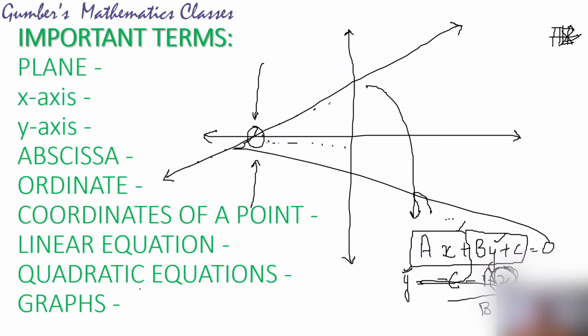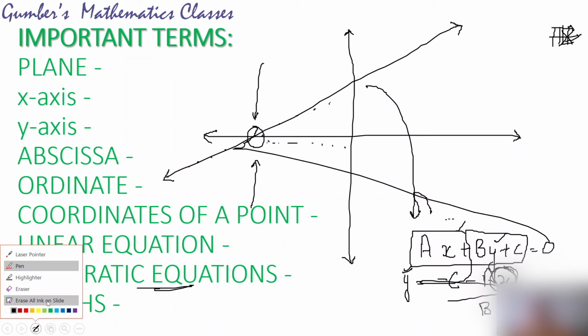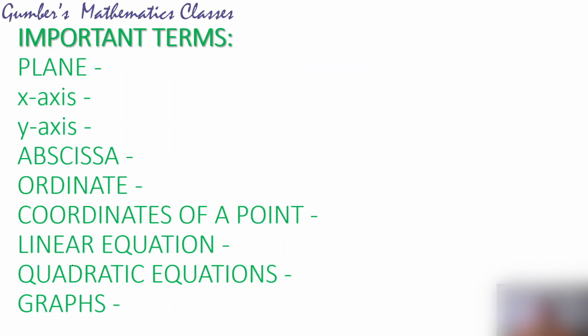Now quadratic equation. A quadratic equation is of the form ax² + bx + c, where the degree of the variable is 2. This is a quadratic polynomial, and if we write it as equal to 0, then it is a quadratic equation.